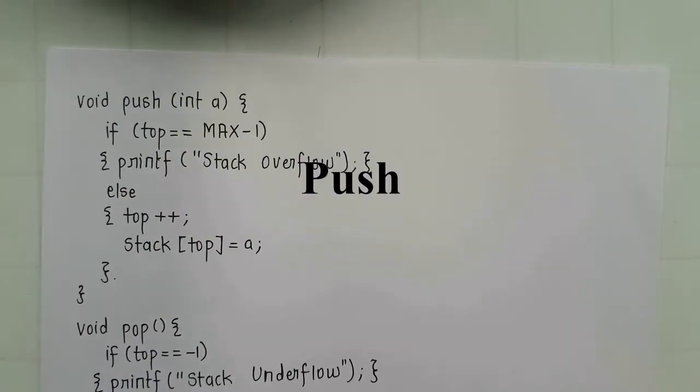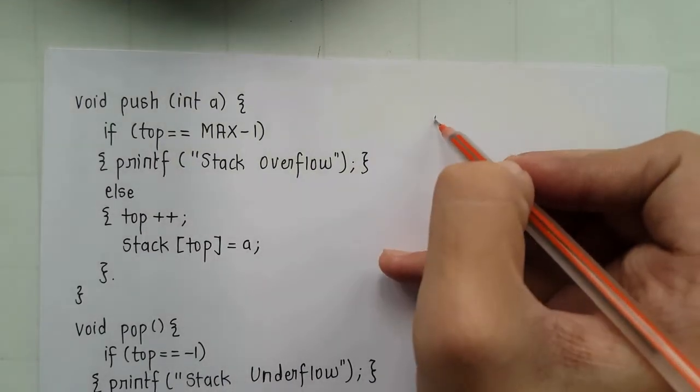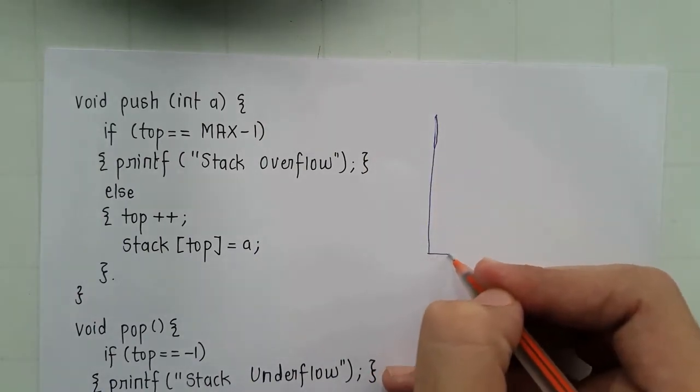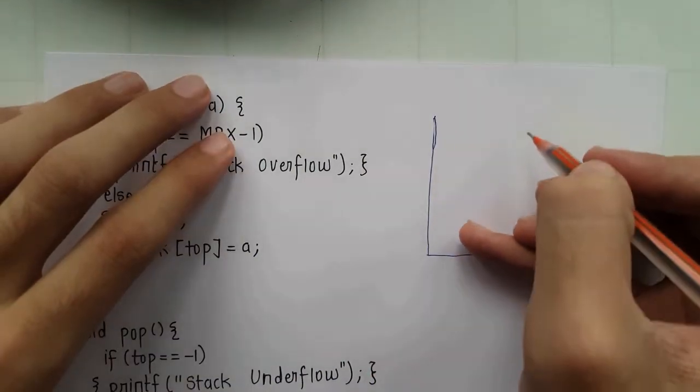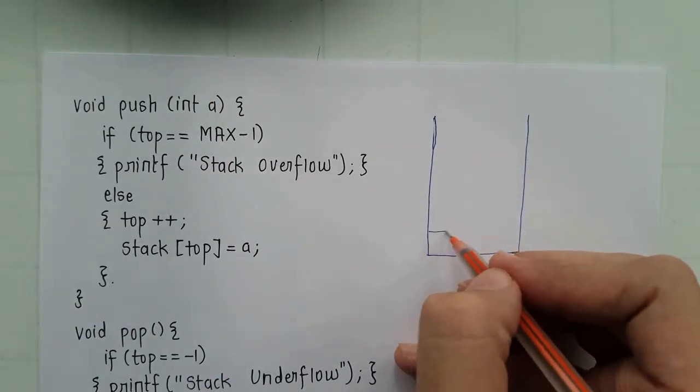Once the user inserts a data, the push function is called and the parameter, that is the data, is passed into the push function. So let's see what happens. So this is our stack.